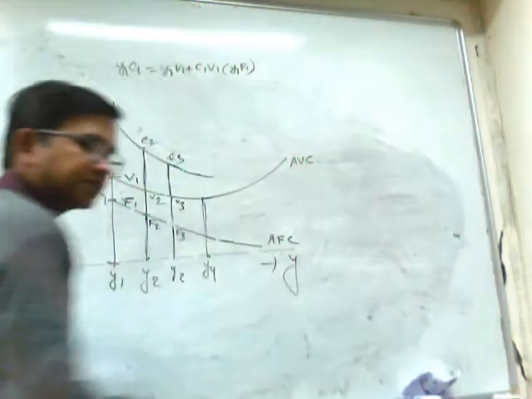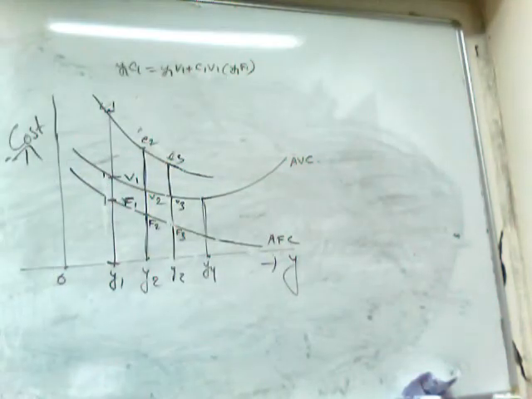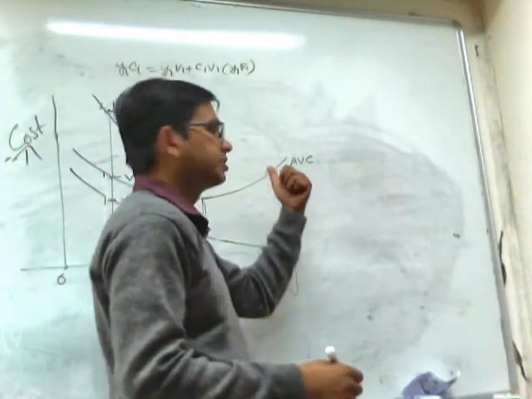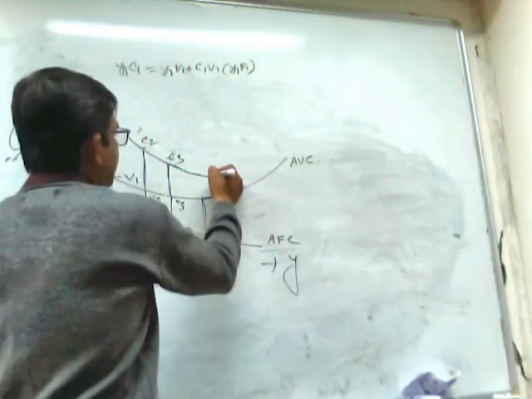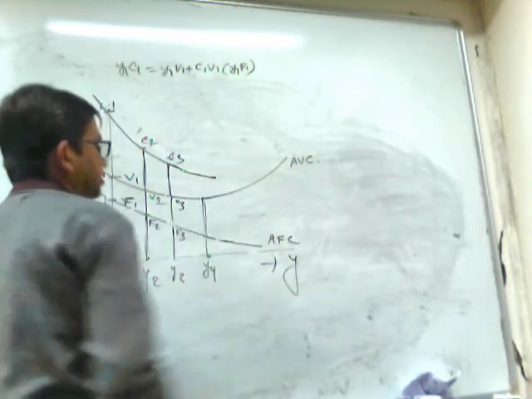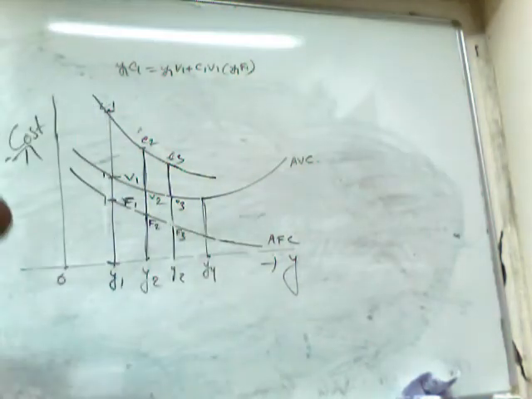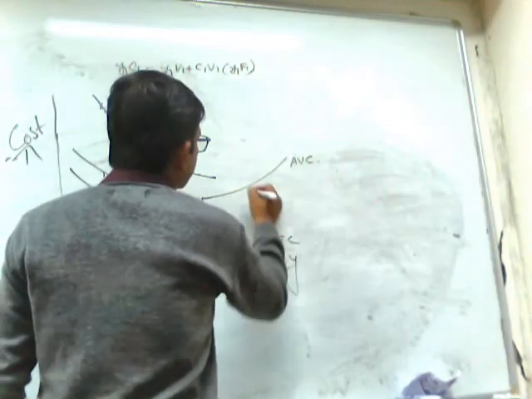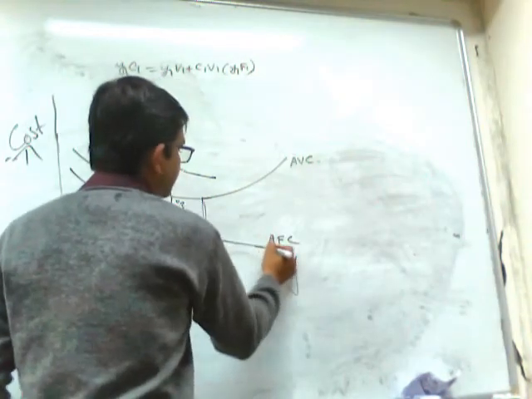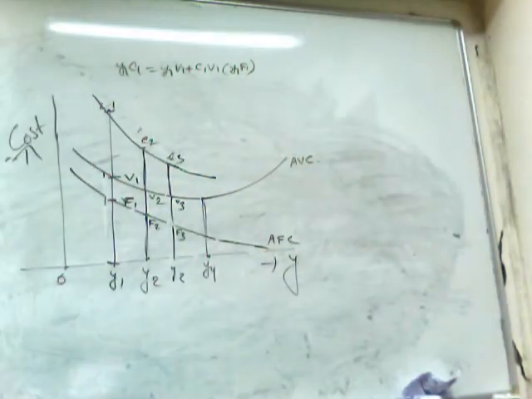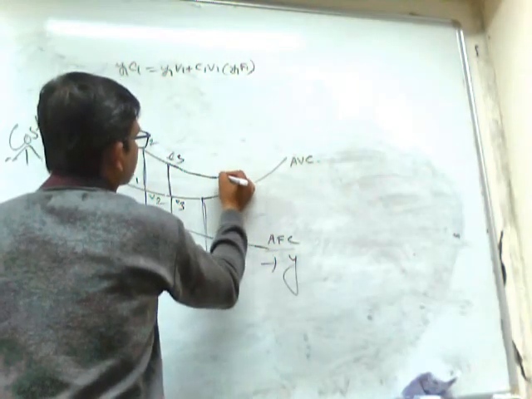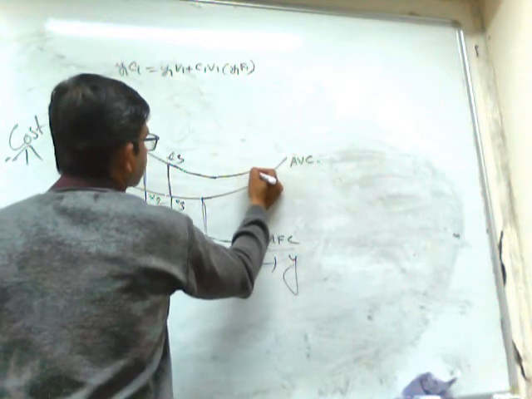But after some time, the rate of decline in AFC is exactly equal to the rate of increase in AVC. That means AC will stop falling, so AC will reach its minimum point. After that, the rate of increase in AVC is greater than the rate of decline in AFC, so definitely the average cost will start to increase.